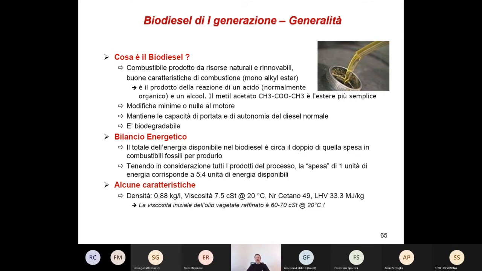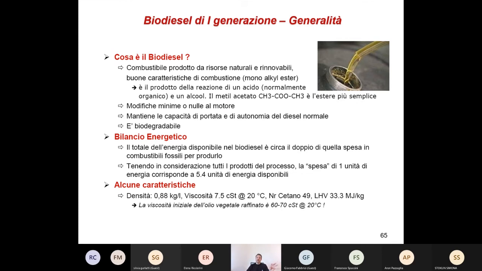Biodiesel is very similar to diesel. If we look at the chemical formula of biodiesel, which is very similar to diesel, the energy content is also similar. It's not so different like ethanol and gasoline.